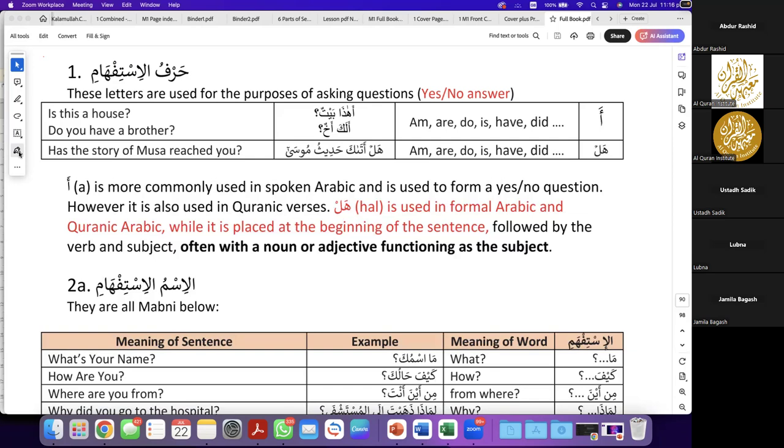Depending on the question, the meaning of the harful istifham changes. Notice the first one, is this a house? The second one is, do you have a brother? And the third example is, has the story of Musa reached you? Can you see the meaning of the harful istifham is different for each context?